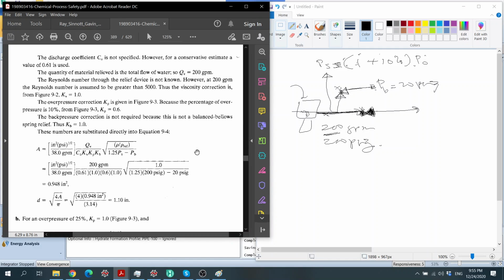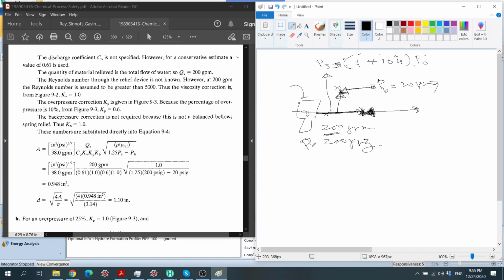Now it says here the PS is the set pressure, so it seems to me that what they use as PS is this, and they're not using this as their set pressure. So basically they take this number, not in these equations, they take this number for the KP graph.